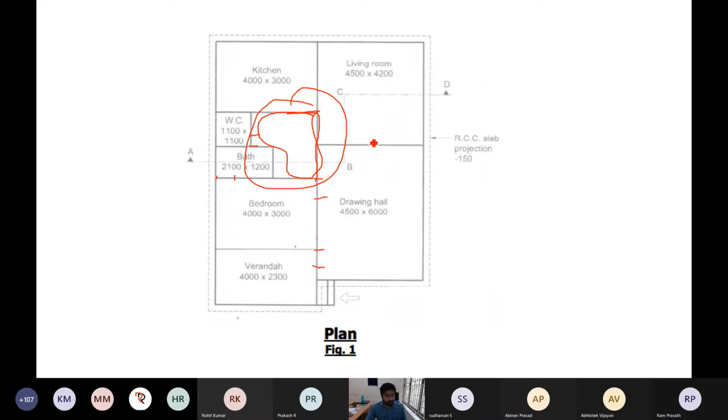Okay. So anybody have any questions? Yeah, tell me. Sir, it is given that the wall width will be 10 for the bathroom and WC. Yes, yes. Sir, the common wall between the bedroom and bathroom, that also will be 10? Yes, that is also 10 only.